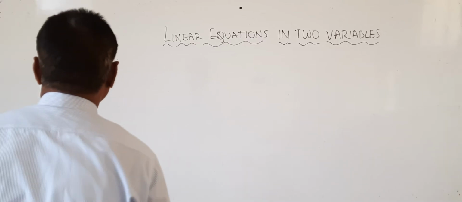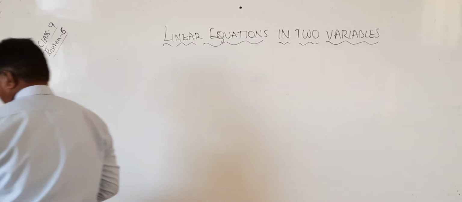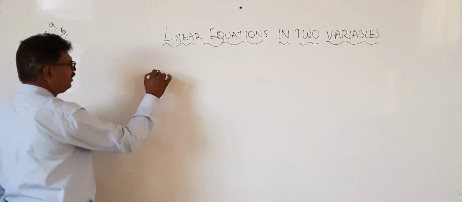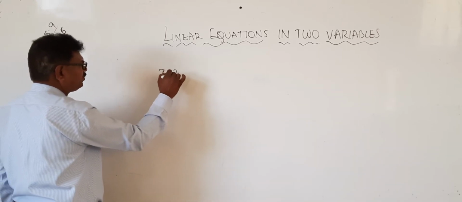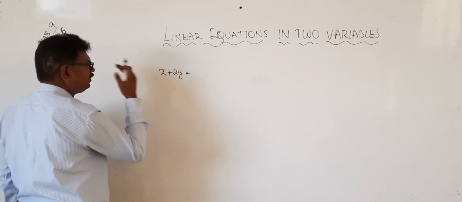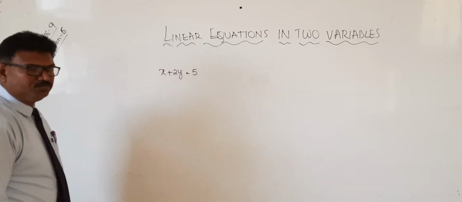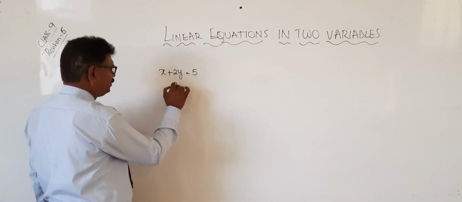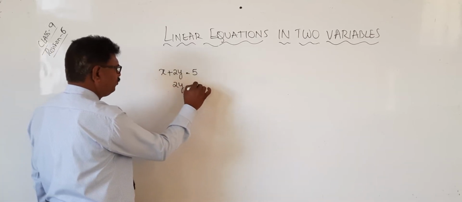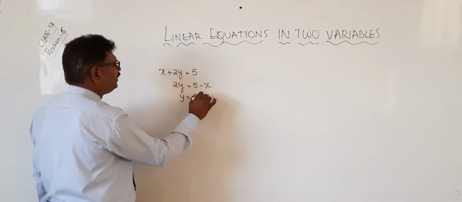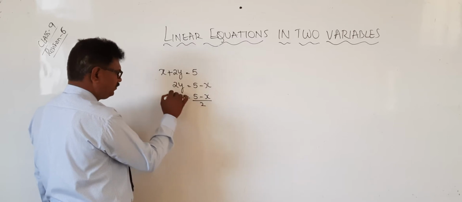Next one is how to write solutions for the given equation. See, for example, x plus 2y is equal to 5. Otherwise, 2y equal to 5 minus x, or y equal to (5 minus x) divided by 2.